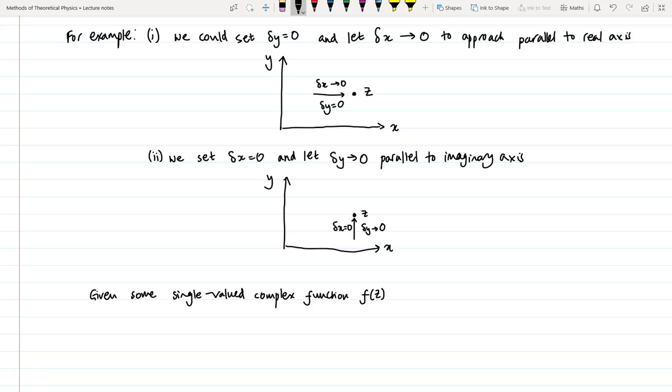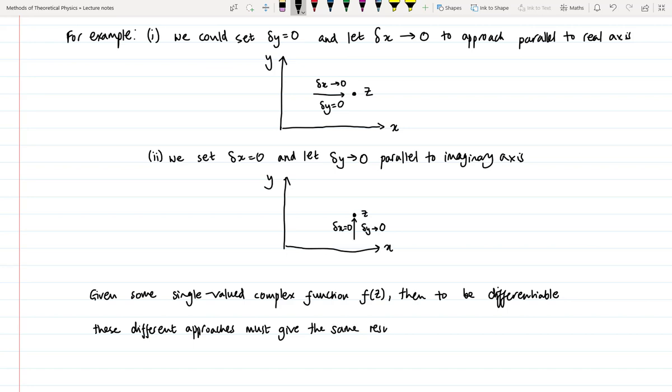Given some single-valued complex function f of z, then to be differentiable, these different approaches must give the same result. In other words, the derivative has to be unique.